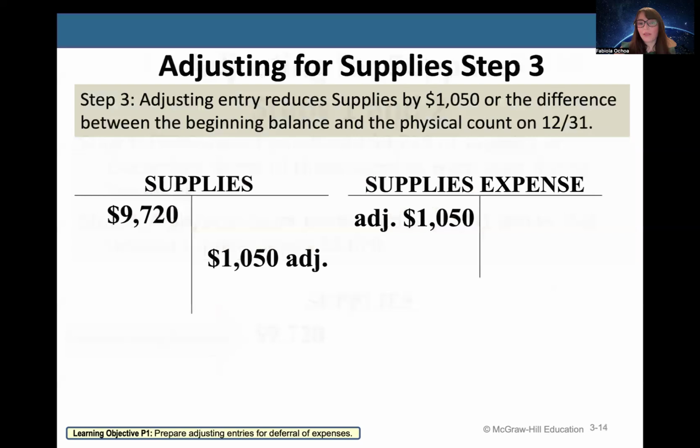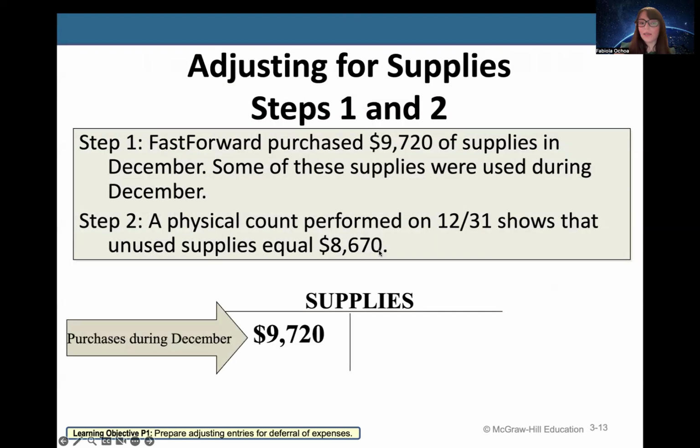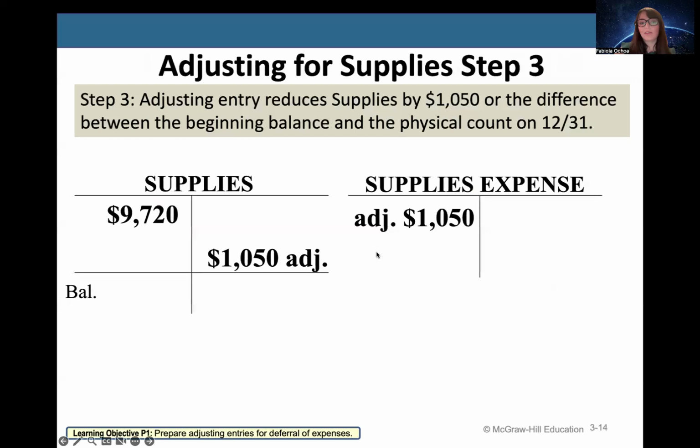So we started off with 9,720. We know we ended with 8,670. So the difference of those two numbers is 1,050. That is the amount for our adjustment.